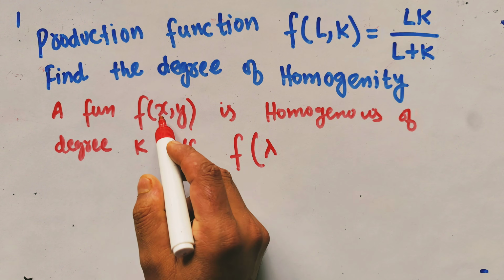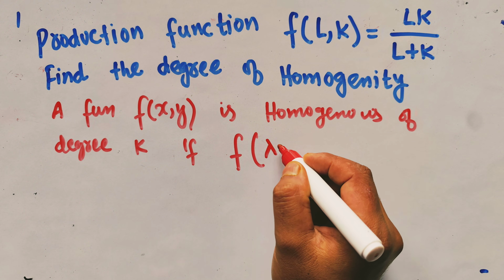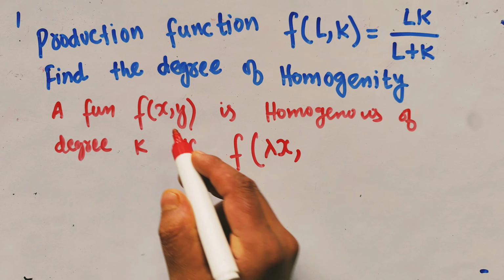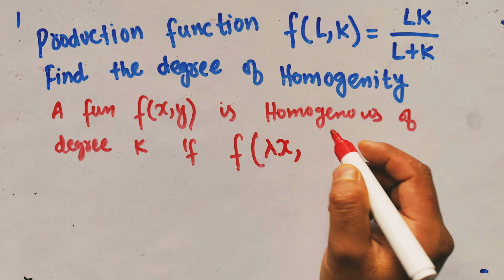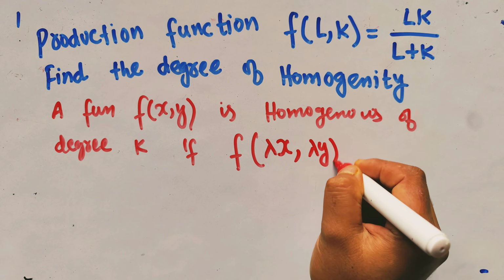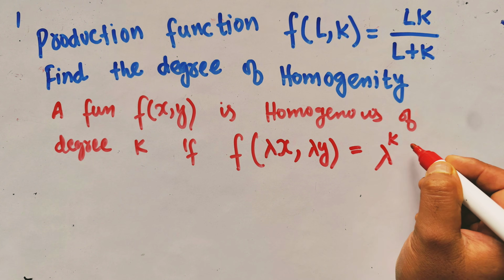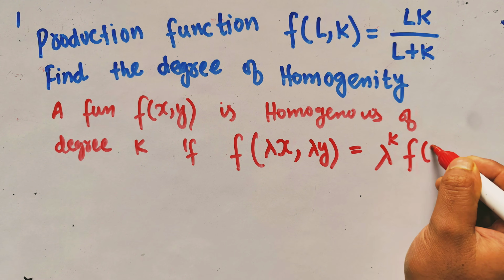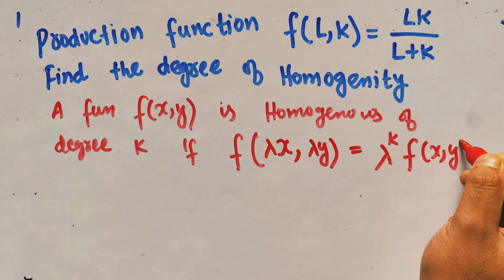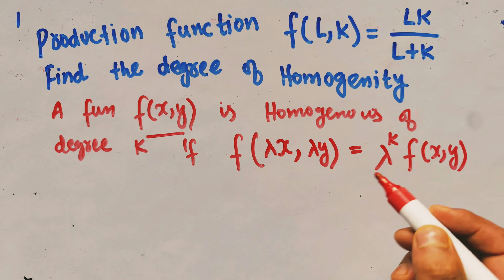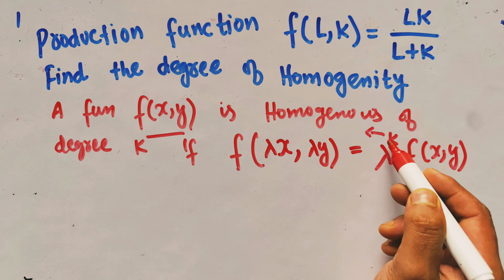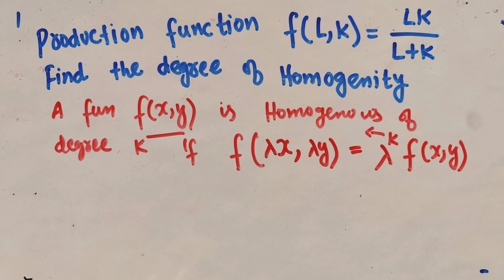That is, x is multiplied by lambda, and y is also multiplied by the same factor lambda, and if we get the relation lambda raised to the power k times the original function f(x, y), we say this function is homogeneous of degree k. So k denotes the degree of homogeneity.